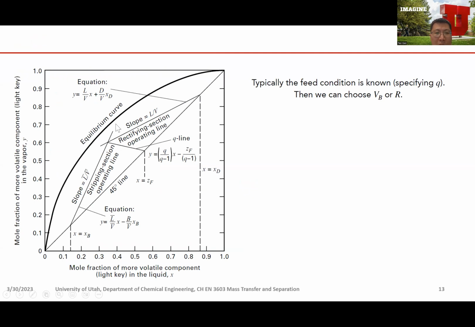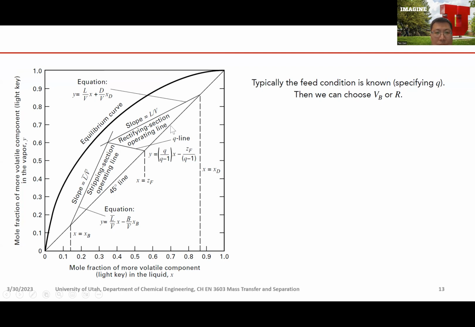On the XY diagram, we have the equilibrium line given by the K value. We have the 45-degree line, and we have the rectifying section operating line, which is a straight line that starts from this point, which is basically the liquid and the vapor composition above stage 1.